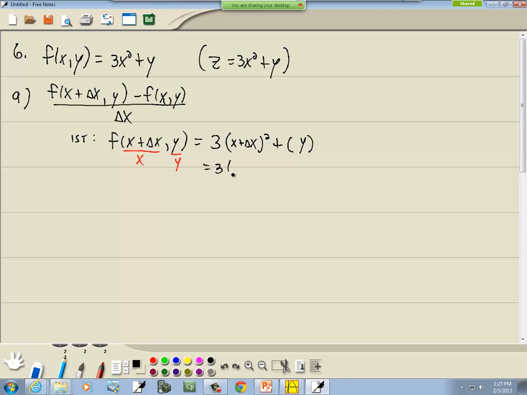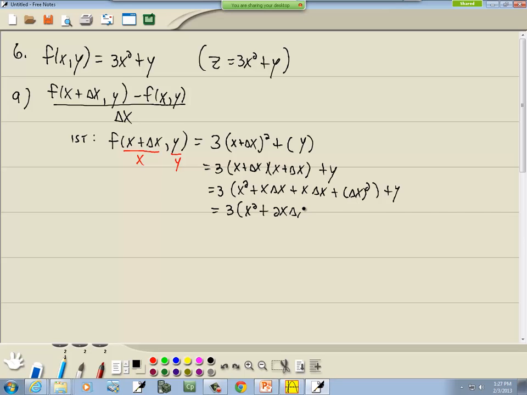Well, x plus delta x squared means x plus delta x times x plus delta x, plus y, which gives us 3 times x squared plus x delta x plus x delta x plus delta x squared, plus y, which gives us 3 times x squared plus, since these are the same, 2x delta x plus delta x squared, plus y.